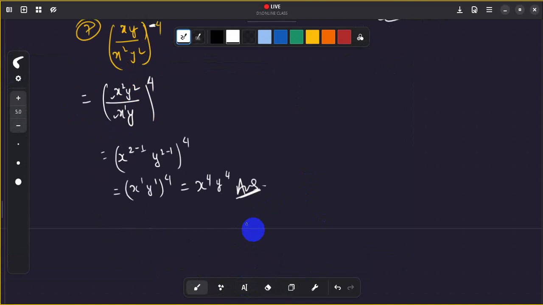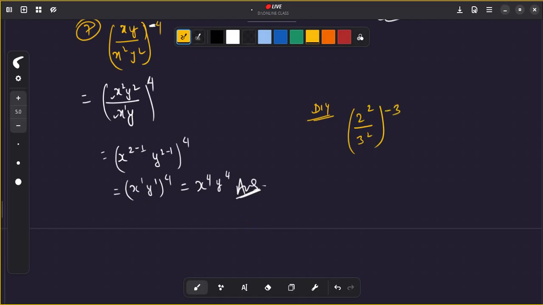Now, a similar type of question, I'll give one question for you, Veda. This question should be done by yourself. The question is 2 square by 3 square whole to the power minus 3.